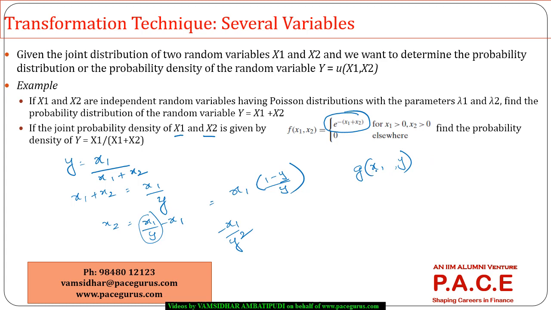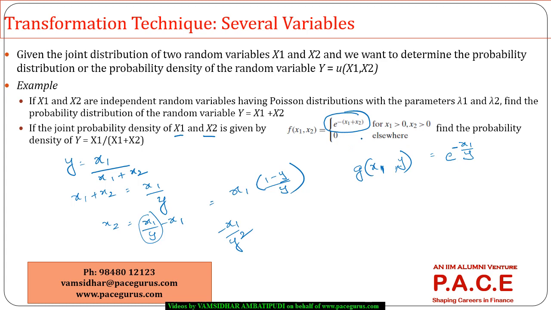So I will write it as g of x1 comma y, wherein I am establishing e to the power of minus, in terms of the inverse function, I am typically looking at minus x1 by y, right? x2 part I am taking out.